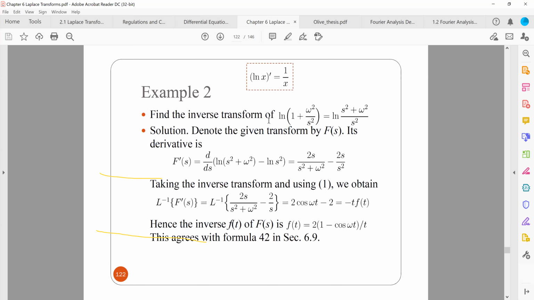If you differentiate the two, you will remain with 2s over s squared minus a squared, and then the next one, you'll have 2s over s squared, isn't it?